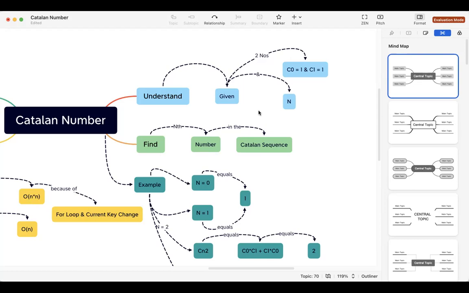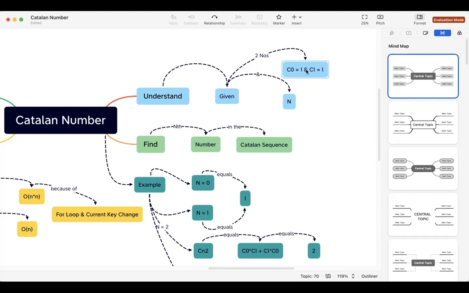Not only are we given the two numbers, Catalan number 0 and Catalan number 1, we are also given an integer n. It can be 5, it can be 6. Given an integer n, you have to find the nth number in that sequence. For example, if n is equal to 2, you have to find what that number in the sequence will be.